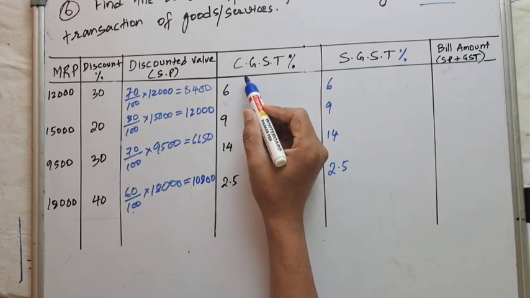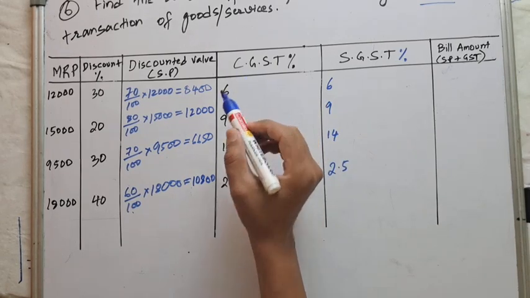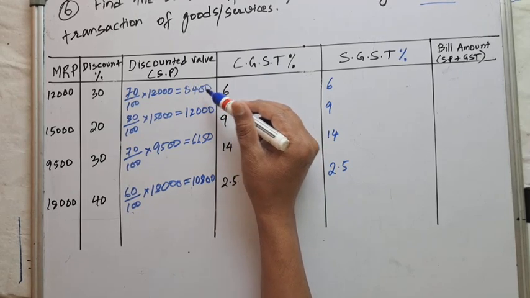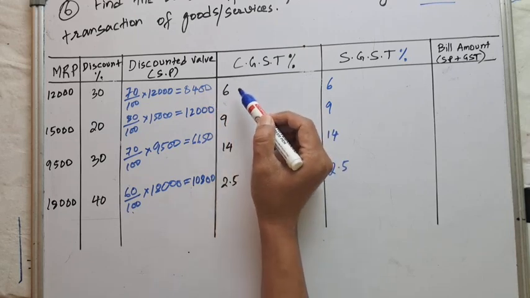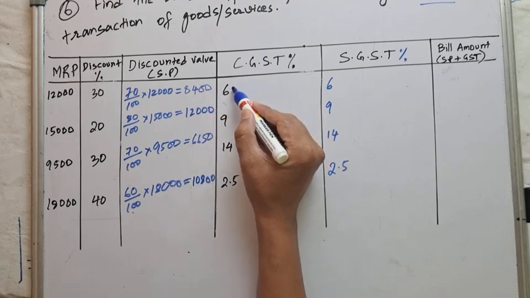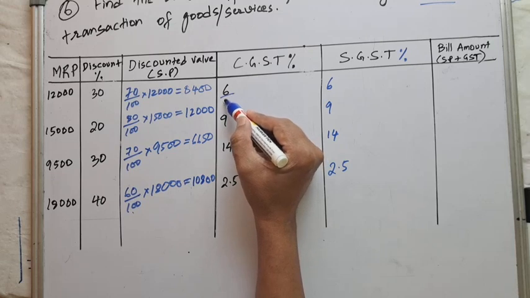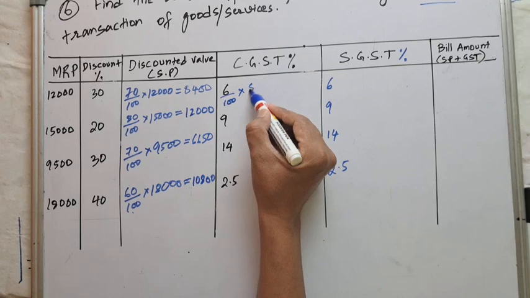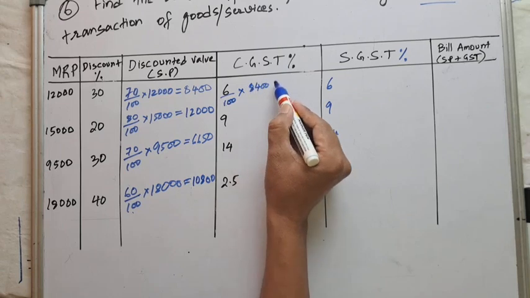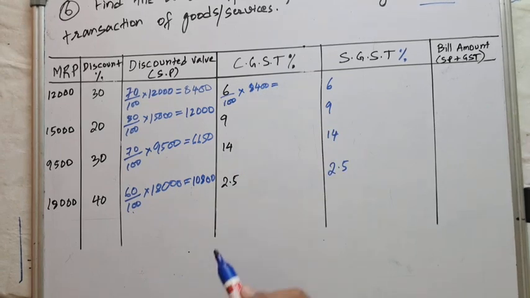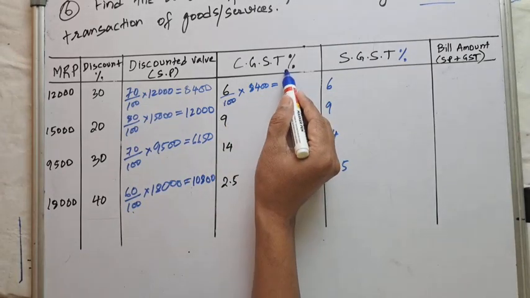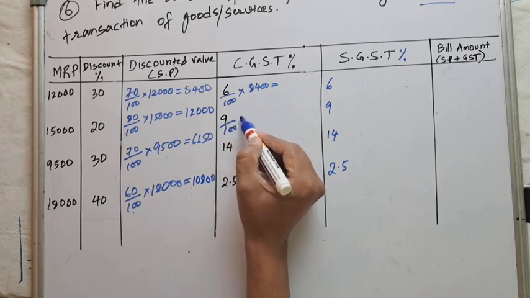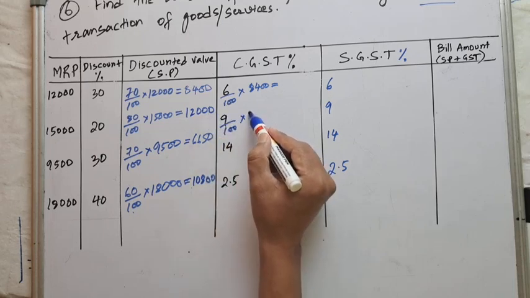Now we will add CGST and SGST. CGST is 6%, selling price is 8,400, isn't it? So what will be the CGST value? 6% means we write 100 in the denominator, of 8,400. This will give us CGST. CGST is 9%, so 9% of 12,000.